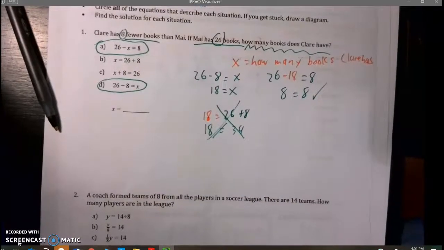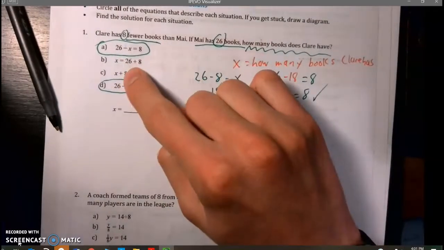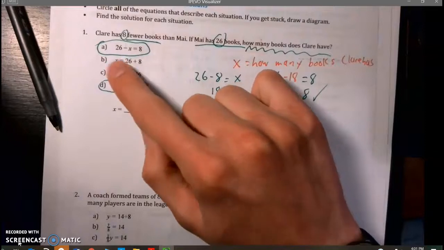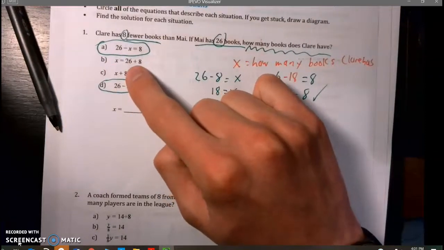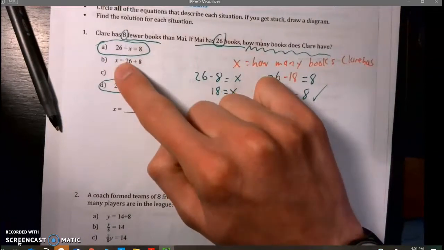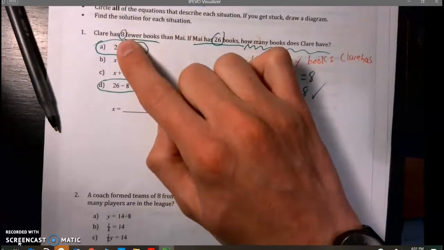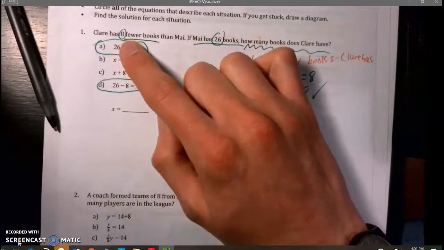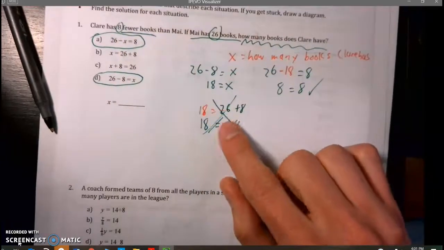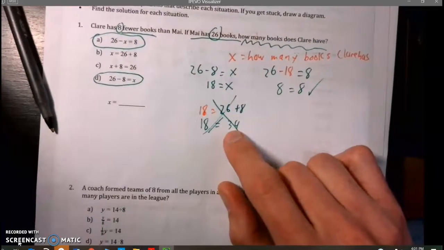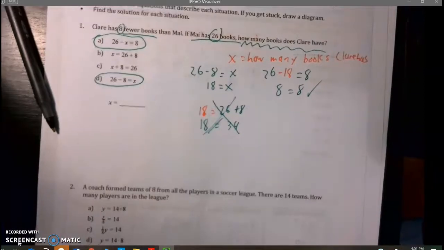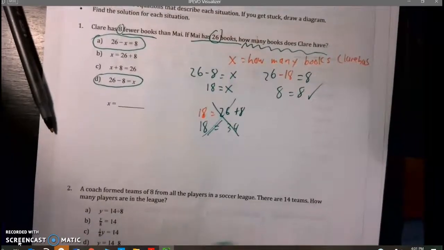Once again, if we took Mai's books and added 8 to it, that's what this is saying. Take Mai's 26 books and add 8 to it, and that would give us the number of books Claire has? No way, because Claire has 8 fewer books, so no way she could have 34. It just doesn't work.